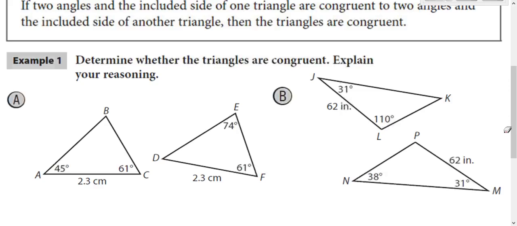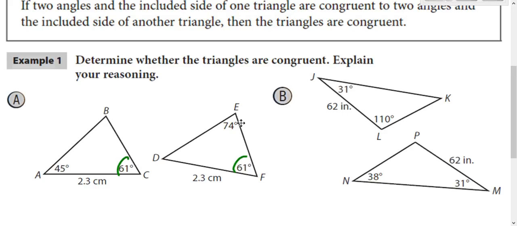So here's some examples where we can start looking at this. We do have two angles, 45 and 61. And then the side in between has the length of 2.3 centimeters. So we can see that the 61-degree angle matches with the 61-degree angle.